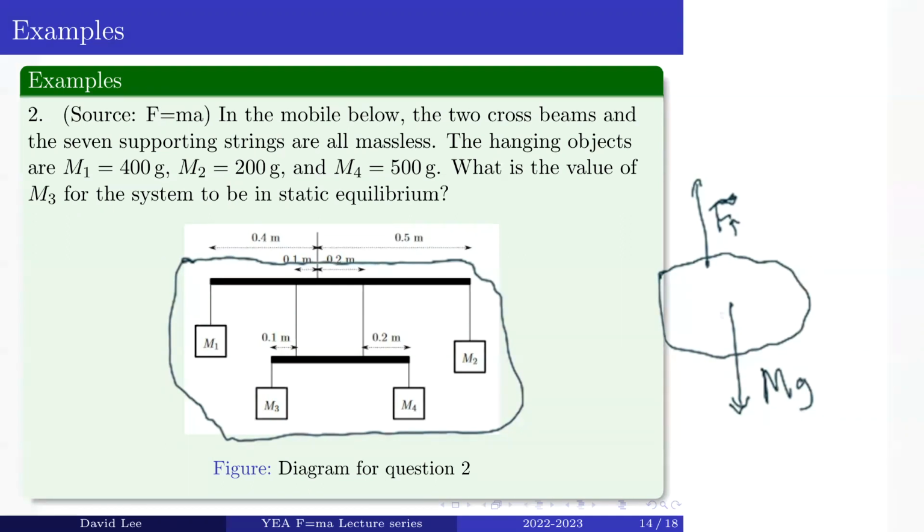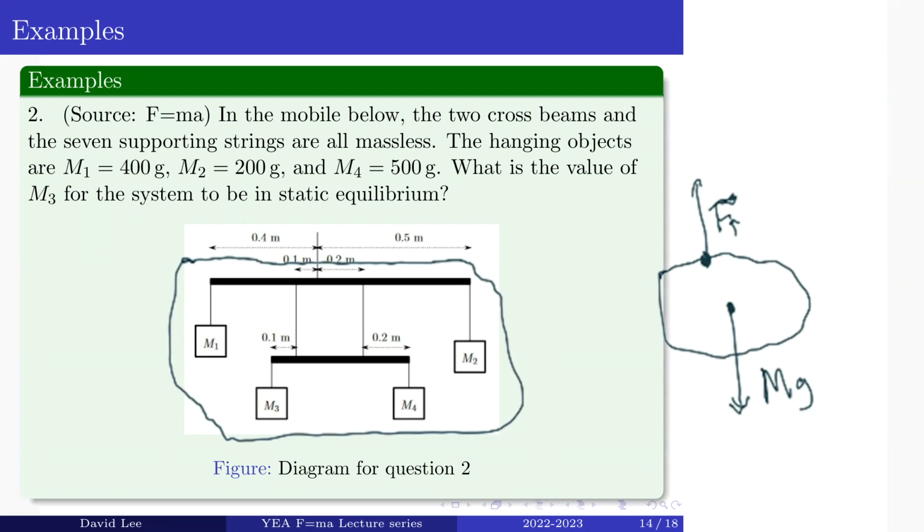There's gravity force, which acts at the center of mass, and there's tension force, which acts at the contact point. And in order for the setup to not start tilting, the net torque has to be zero. The net torque has to be zero around any point.